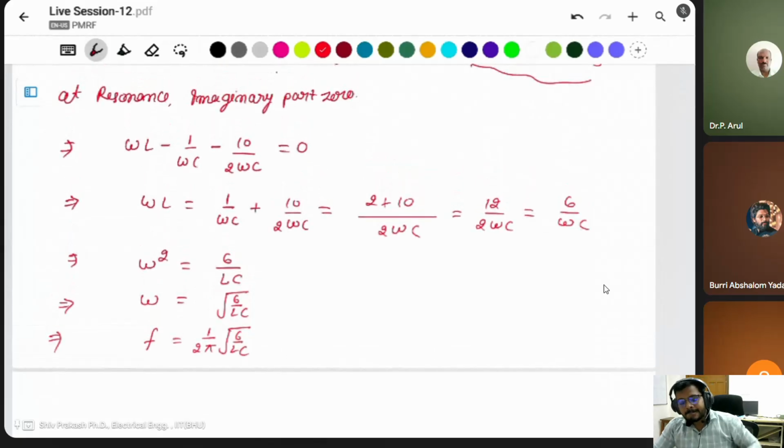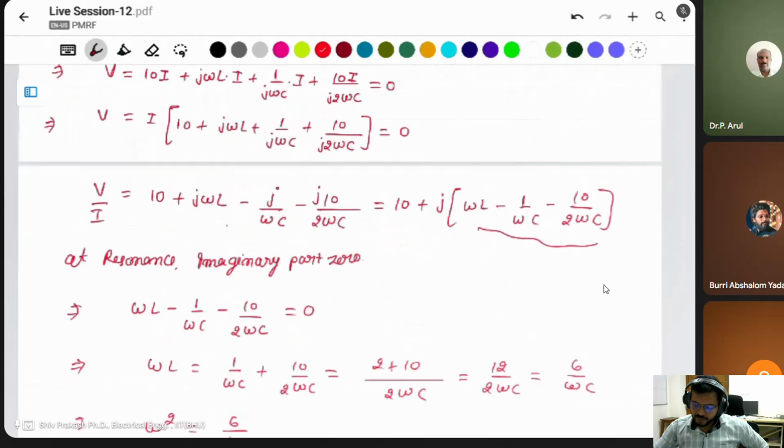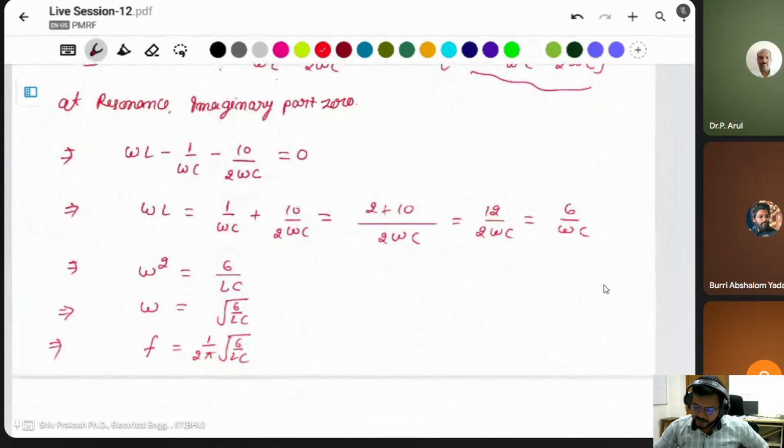Because of the virtual calculator, don't put the value of L and C before this expression.